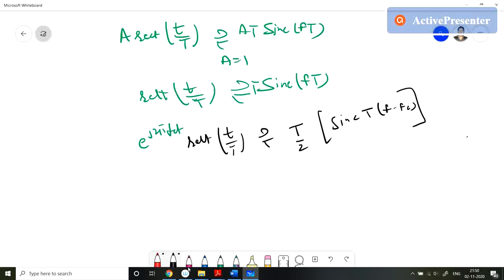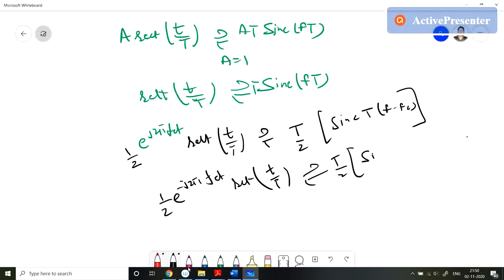It is half here, and when we multiply half e raised to the power minus j 2 pi fct with rect t by T, we get T by 2 sinc T f plus fc. So we are getting this.